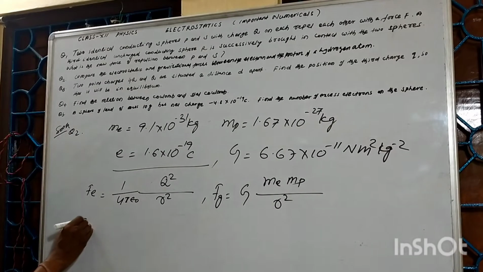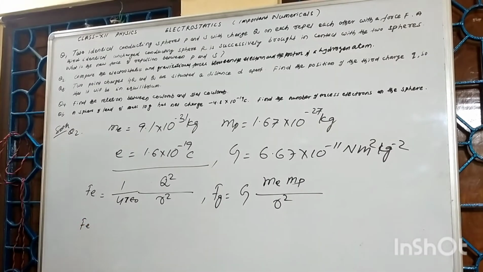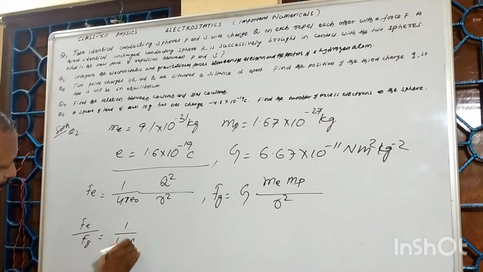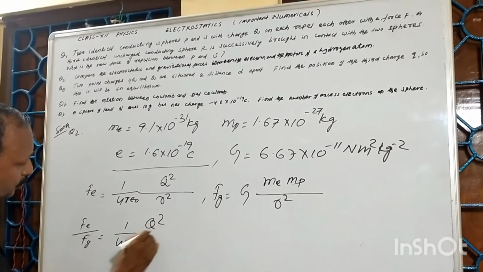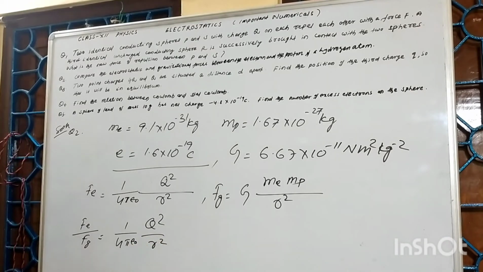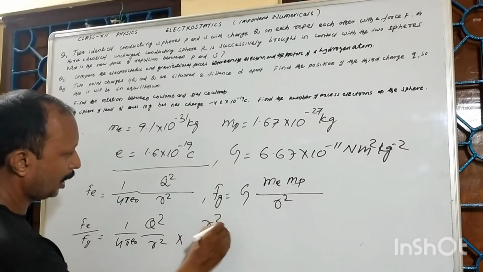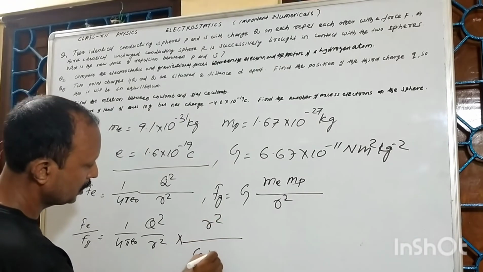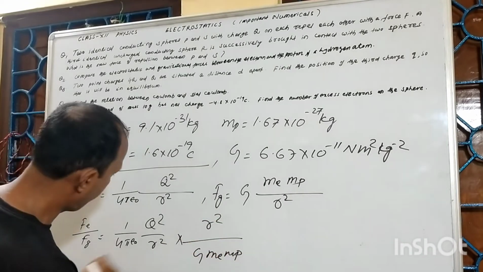So if I take the ratio of Fe to Fg, it will be equal to 1 upon 4 pi epsilon naught q square by r square into r square by G m_e m_p.